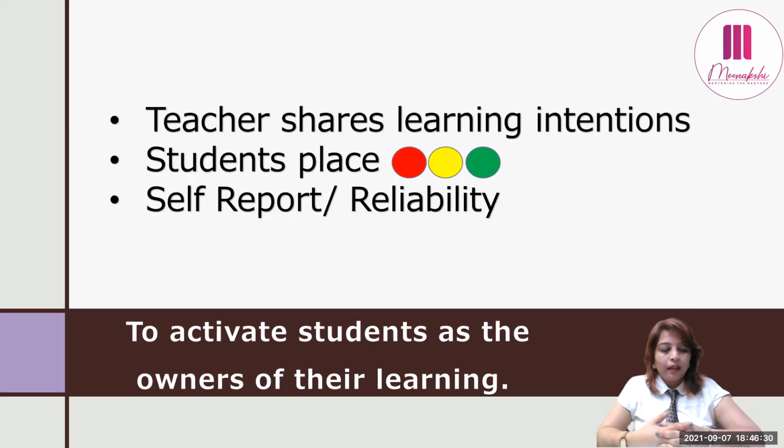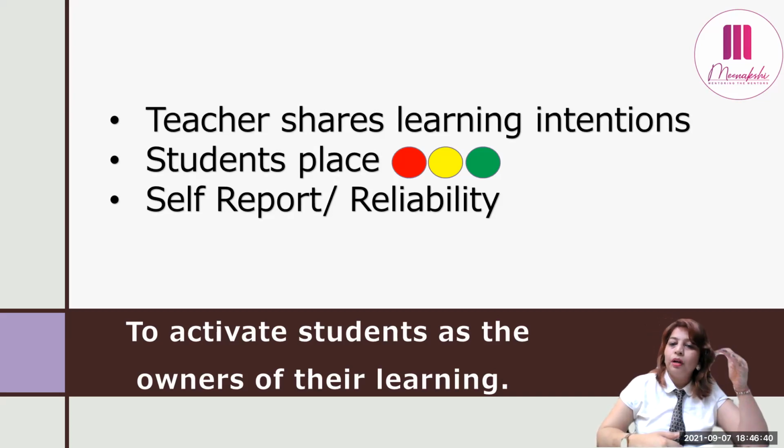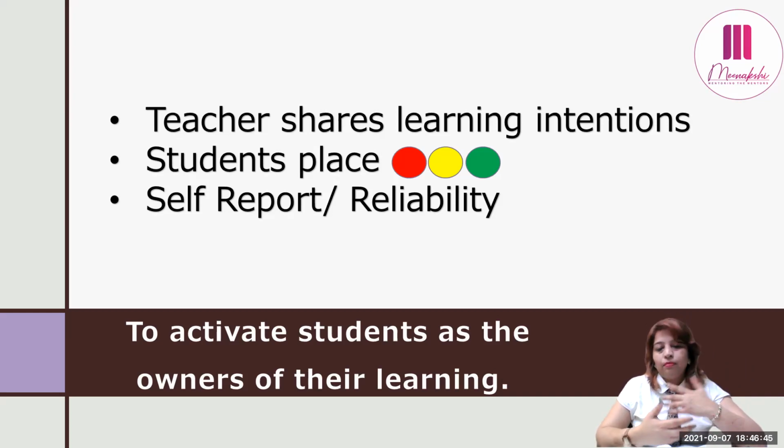So here what is happening is at the beginning of the chapter, the teacher shares the learning intentions with the students. Like, by the end of the chapter, we will be able to understand so and so topics. For example, I am a science teacher. Suppose I am talking about the parts of the plant, parts of the flower.